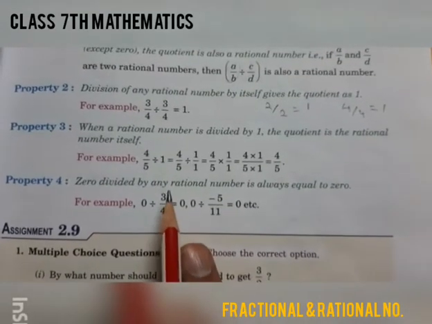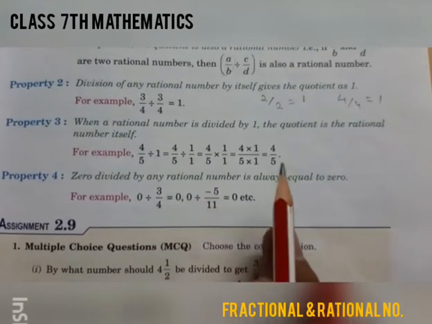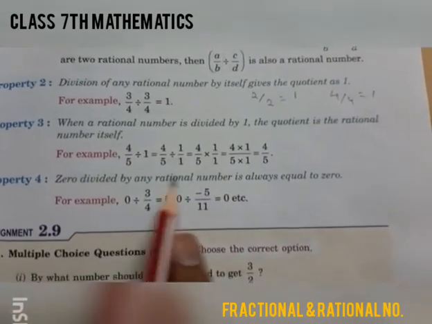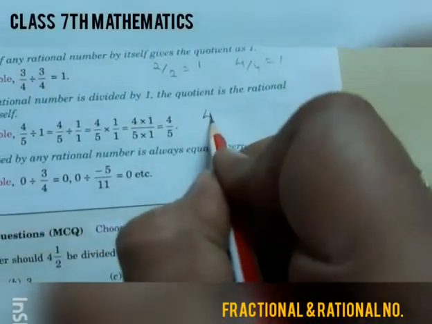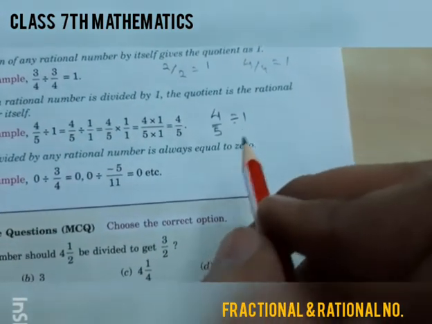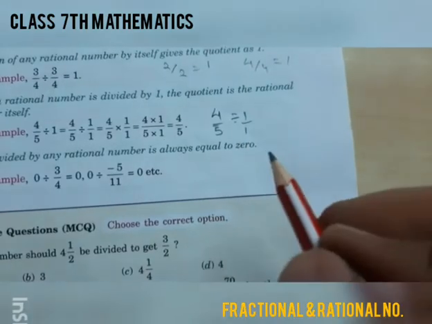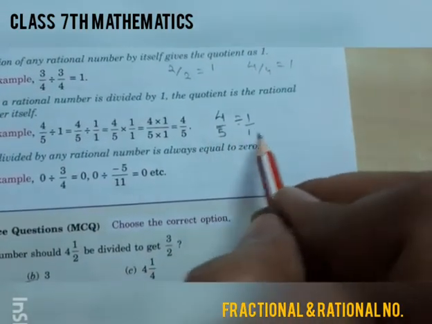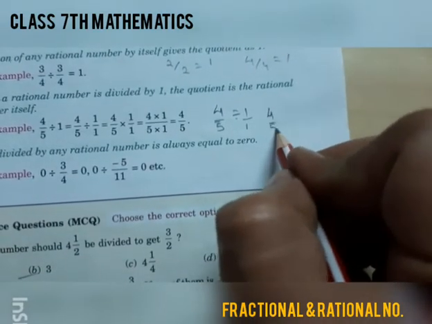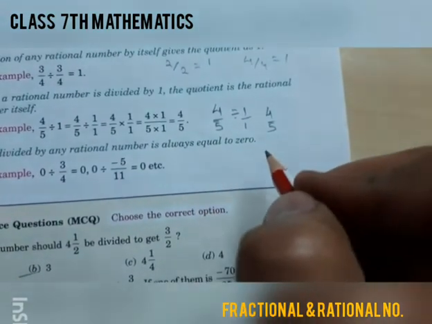This is also right, because anything divided by 1 gives the same number only. Like if we see this example, it is written 4 upon 5 divided by 1. Now if nothing is written, we can assume here 1. We know for division of two rational numbers, the method says multiply the first rational number into the reciprocal of the second rational number.